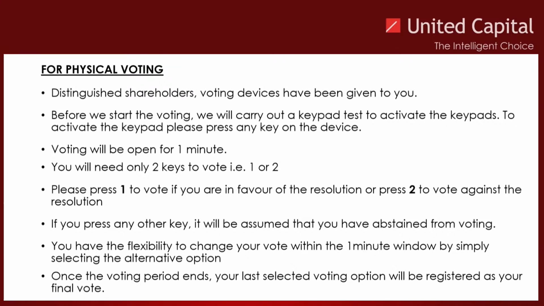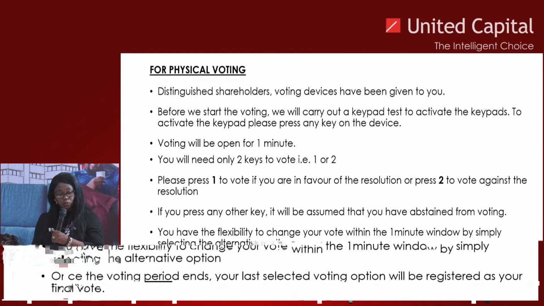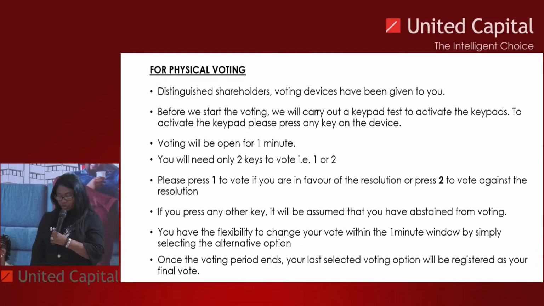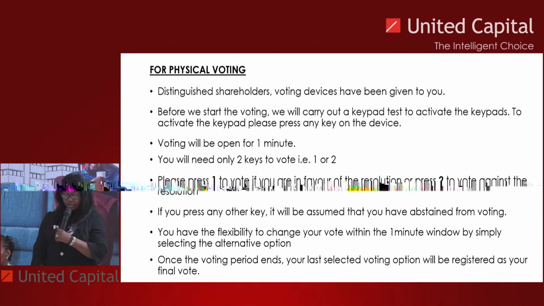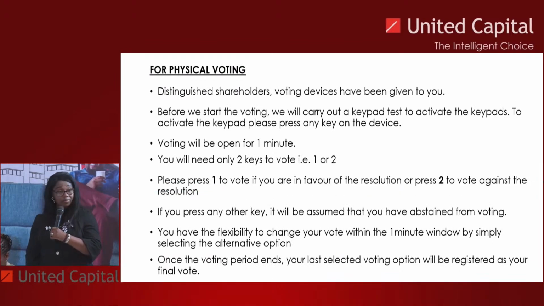When you are to vote, you press 1 if you are in favor of the resolution, or you press 2 if you are against the resolution. If you press any other key, it will be assumed that you have abstained from voting. You have the flexibility to change your vote within the 1 minute window by simply selecting the alternative option. Once the voting period ends, your last selected voting option will be registered as your final vote.